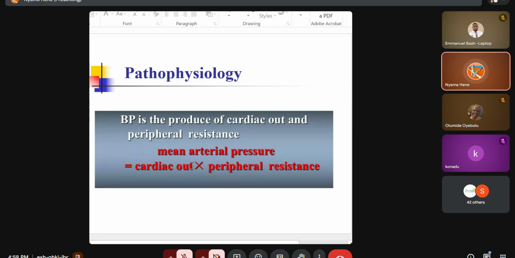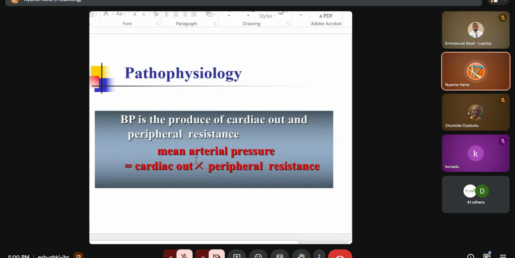Cardiac output is the amount of blood that is being pumped out of the heart in a minute. That is stroke volume times heart rate. So the amount of blood being pumped out of the heart in a minute times the peripheral resistance.